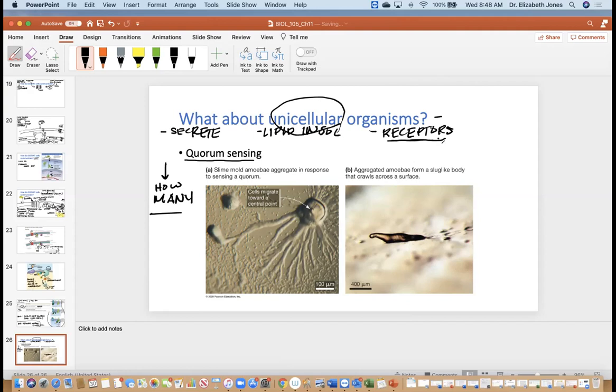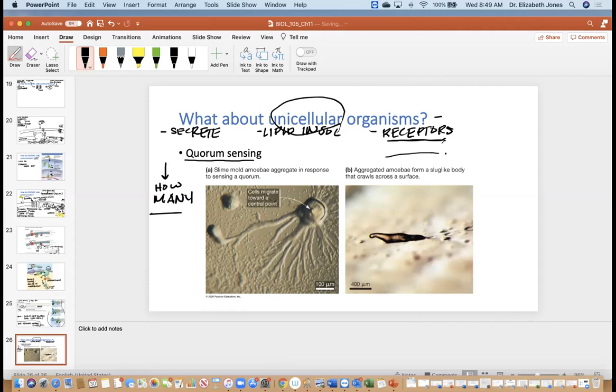And when that protein reaches a particular concentration, then the bacteria or the amoeba or something will perform an action. So for example, there is a type of bacteria that lives in symbiosis with a squid. And when that bacteria reaches a particular population level or a particular concentration, it will start to glow. It will start to fluoresce. So that's a very cool symbiotic relationship.